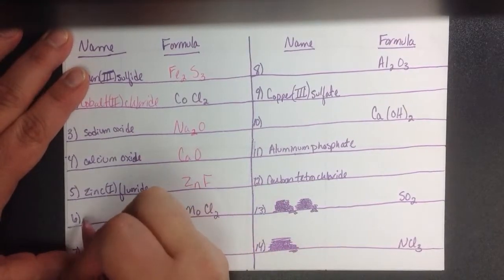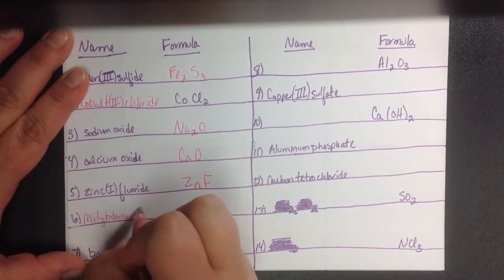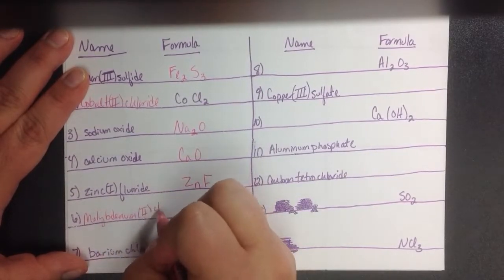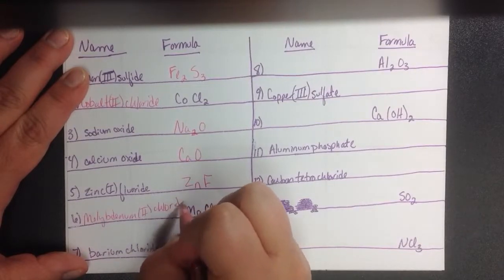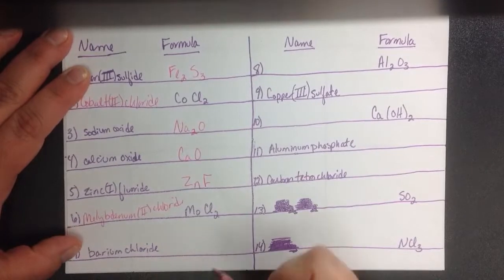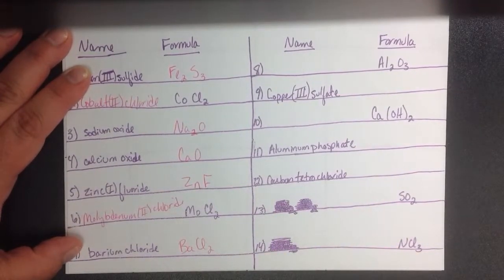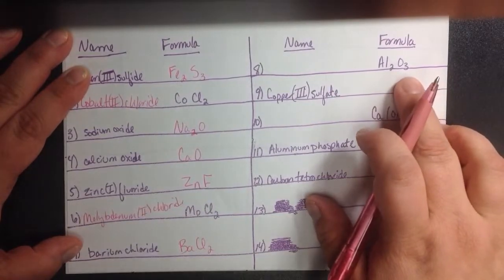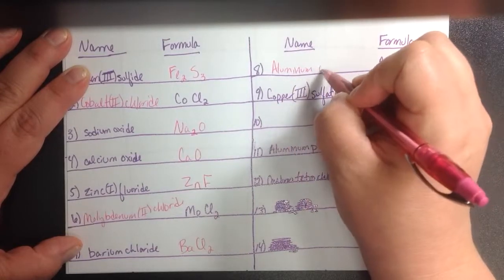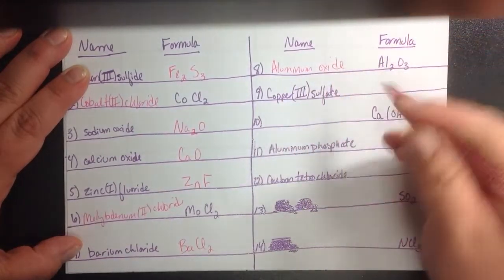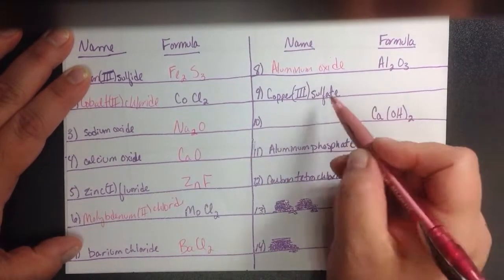This is molybdenum 2 chloride. Barium chloride is BaCl2. Back up here, this is aluminum oxide. Now this is called copper 3 sulfate.